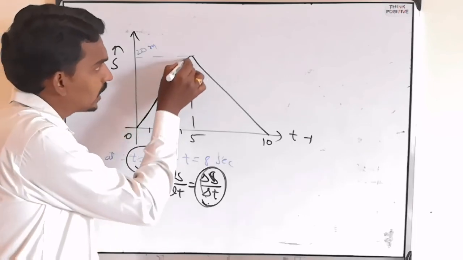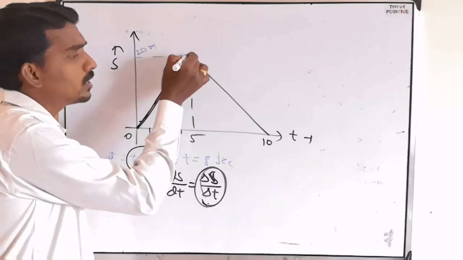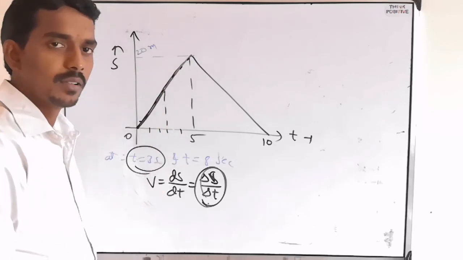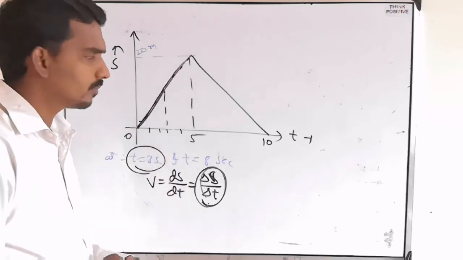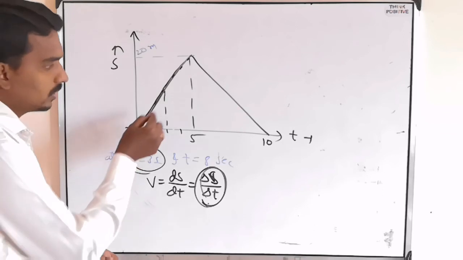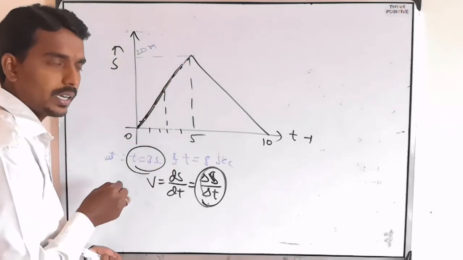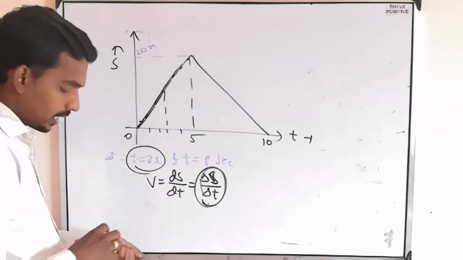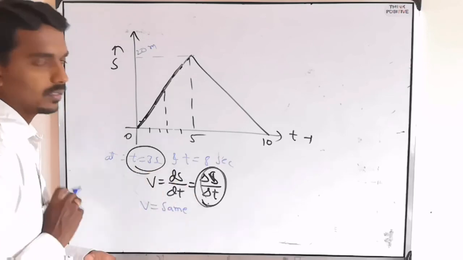But from here to here, the graph is straight. So at any point the slope is the same. Anywhere from 0 to 5 seconds, the slope is the same, nothing but the velocity is the same.